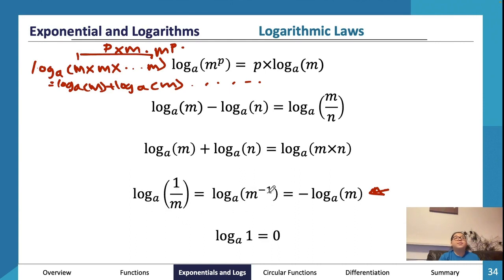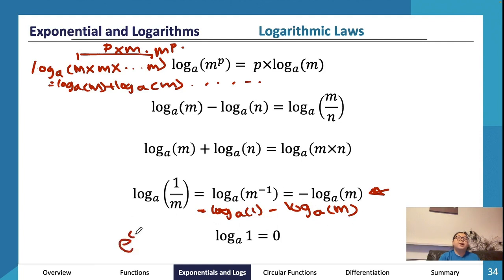So log of 1 over m, you can either write that as log a 1 minus log a m, or you can write it as log a m to the power of negative 1, and it's going to give you the same thing. If we follow this rule, log a m to the power of negative 1, pop the negative out the front, or we can follow this rule as well, so that's log a 1 minus log a m. Log a 1 is 0, so it's just going to equal negative log a m.